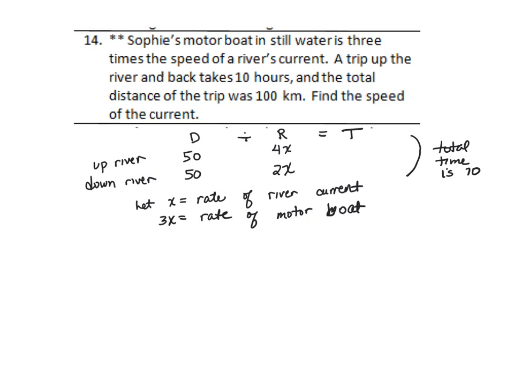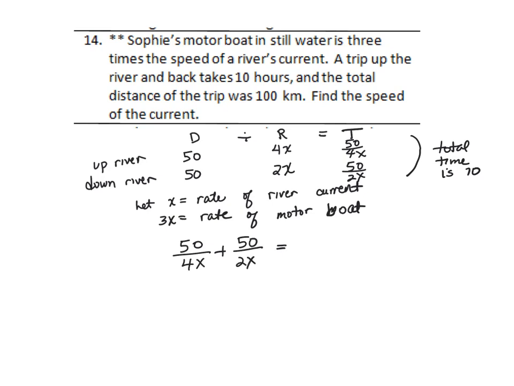And that's only because she's going up the river and then back. So it's implied that it's 50. So the time going up the river would be 50 over 4x. Down the river would be 50 over 2x. And when we take those two times and add them, we get 10.